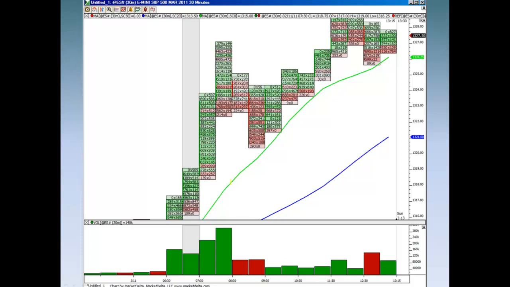It just makes it visually easy for me to identify what it is that I'm seeing. So typically, I use green for my 8-period simple moving average, and blue for my 20, red for my 50, and black or brown for the 200 moving average.